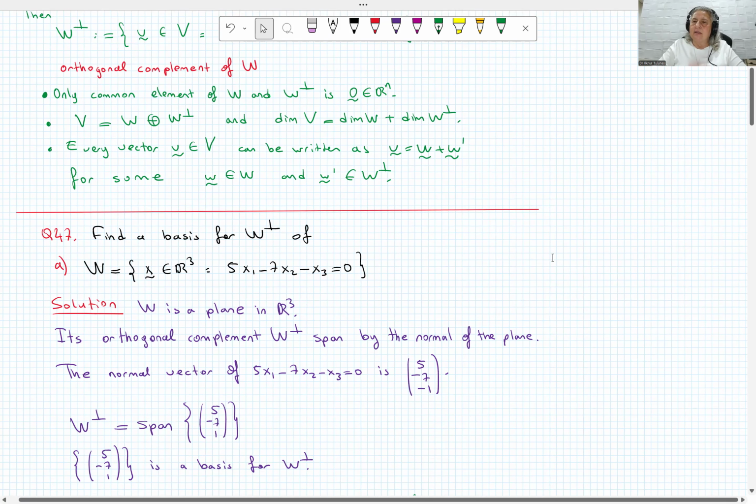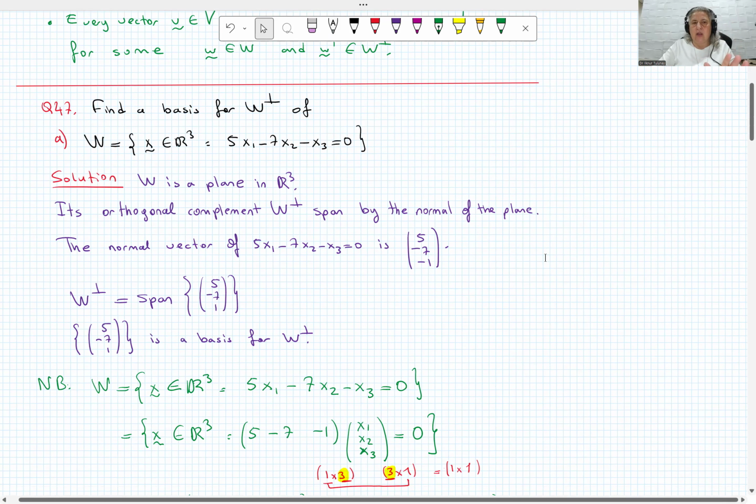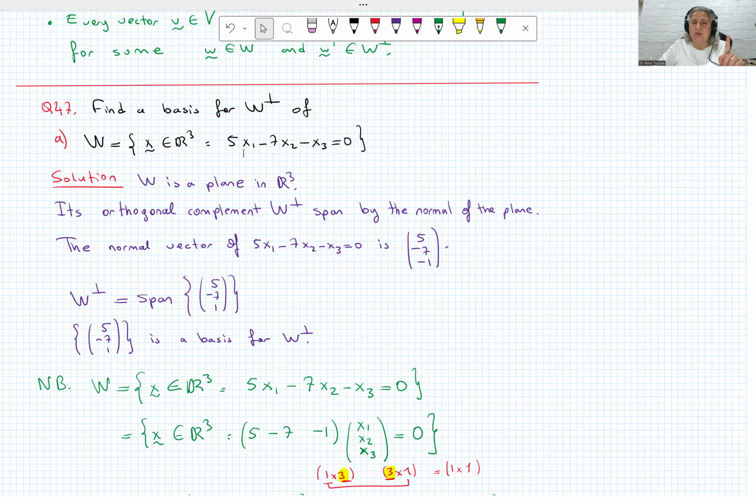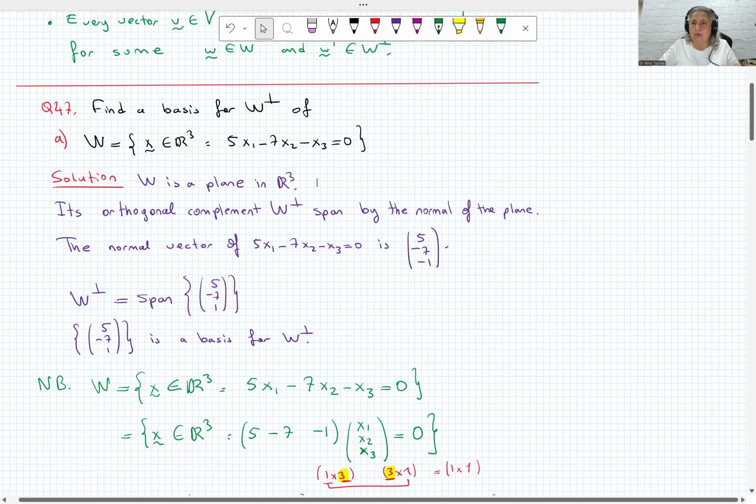Now let's do some exercise and try to understand this abstract concept. Now we would like to find a basis of the orthogonal complement. Let's have a look this way. So you have this equation. We know that this equation in three-dimensional space represents a plane equation. And this W is a plane.